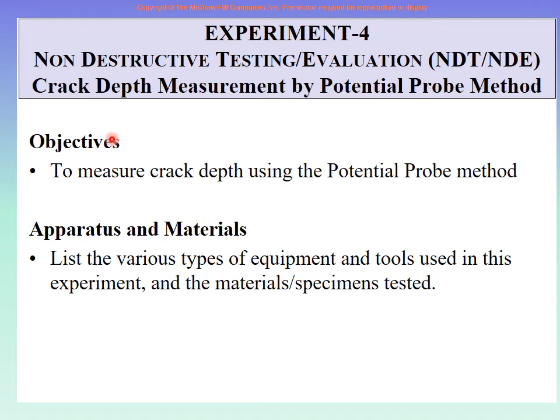So objectives: to measure crack depth using the potential probe method. Again, apparatus and materials: list the various types of equipment and tools used in this experiment and the materials and specimens tested. Go and watch the videos carefully.